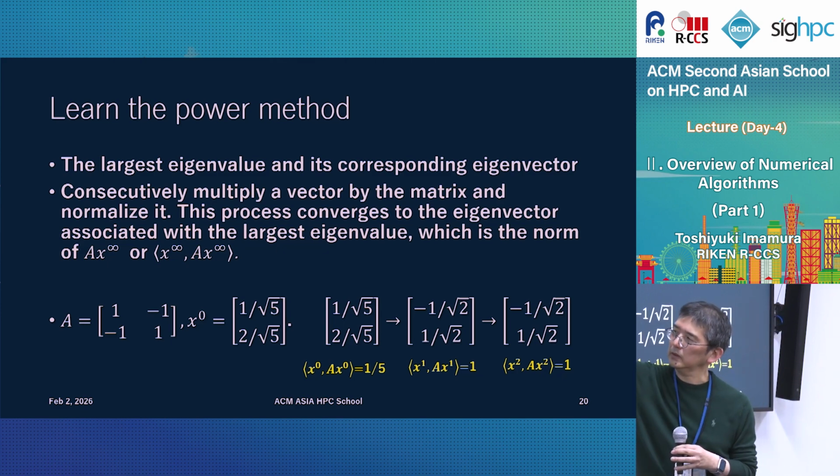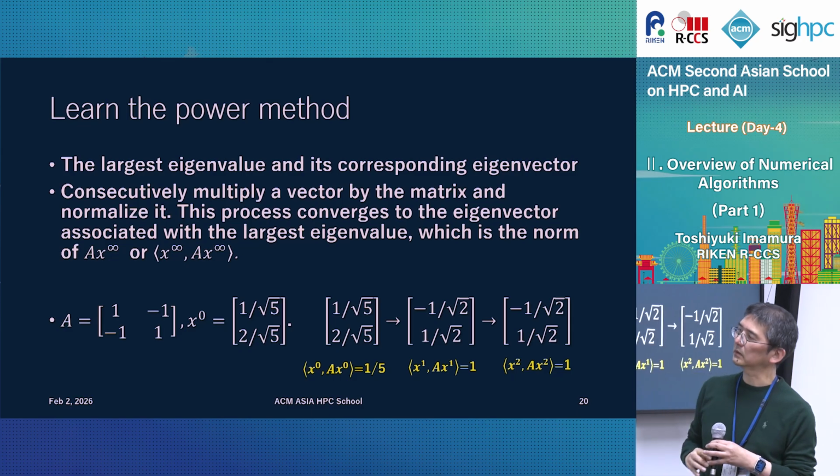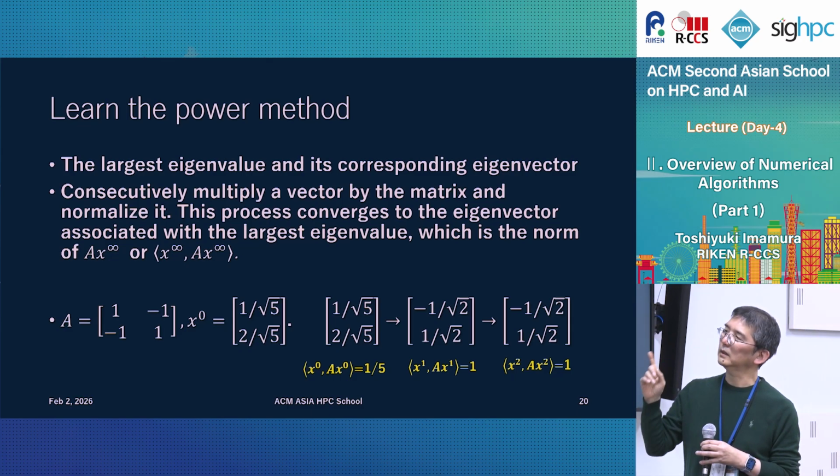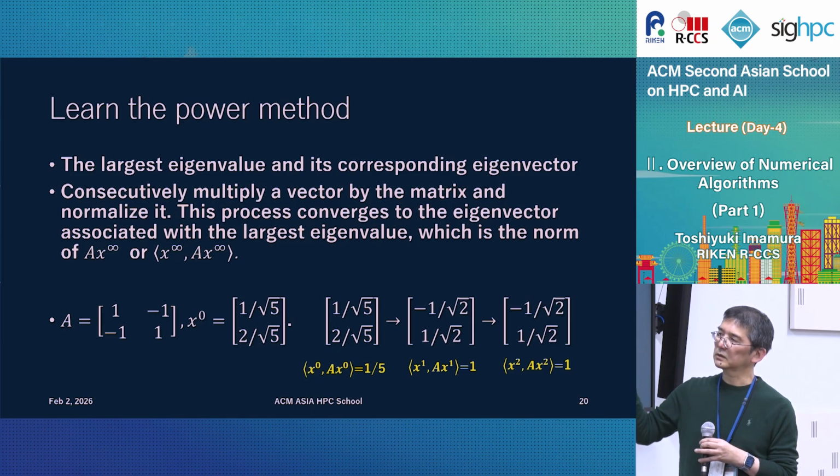Okay, so with A and the initial guess x0, we compute A x0, and we substitute. Then the normalized one is substituted, so the x1.